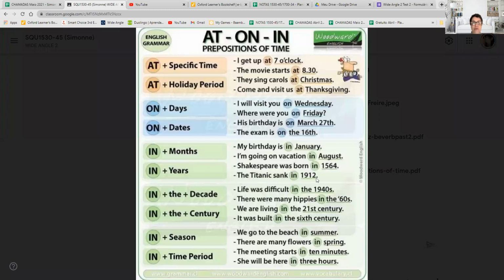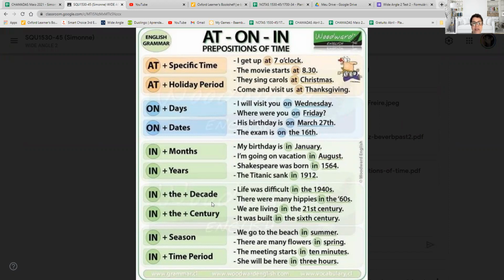Sometimes I also have the month and the year together, right? In January 1992. So we use the preposition in. I only use the preposition on when I mention the day, okay?